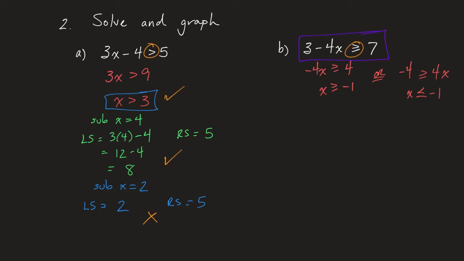This is the key point, and my mistake was made right here. I actually did an operation from my first red line in that first solution. I said, well, to get rid of a times by negative 4, I'm going to divide by negative 4. So I'm just going to put that line in.